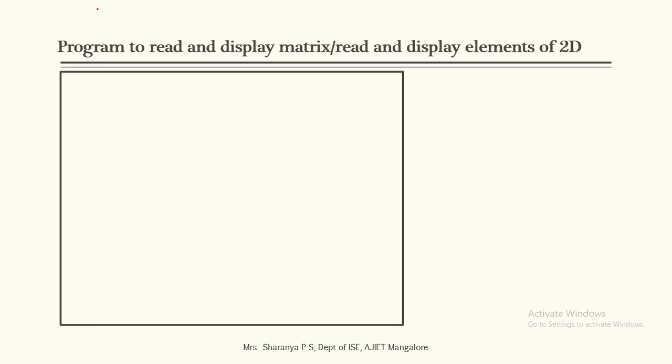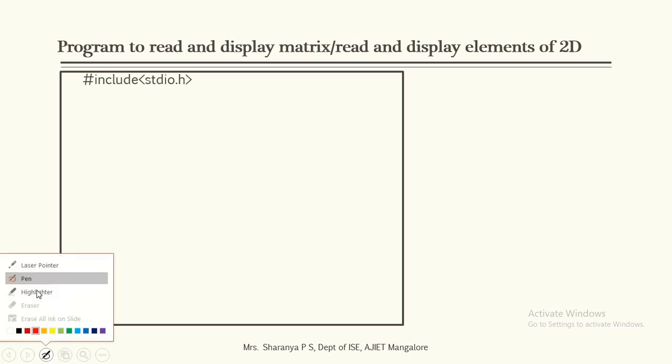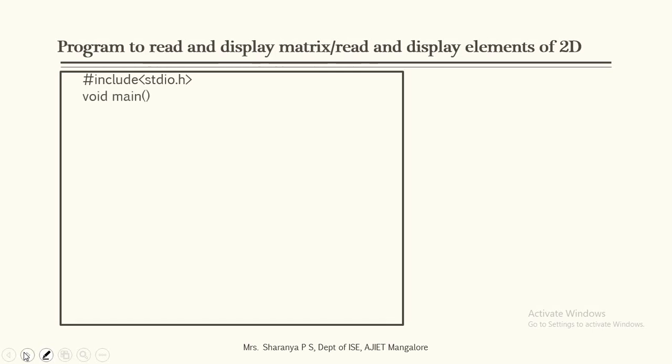If we look into how we can read and display a matrix, which is also called reading and displaying the elements of a two-dimensional array, we should begin with the header file and the main function. And here we have declared the array with the name A, and the size of the rows and columns is mentioned as 10, 10.